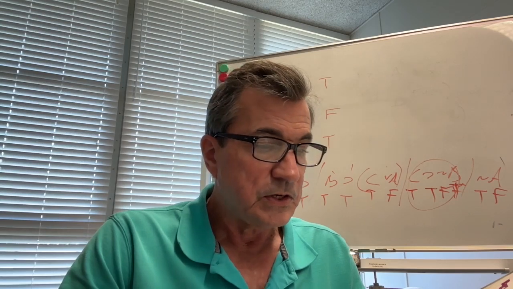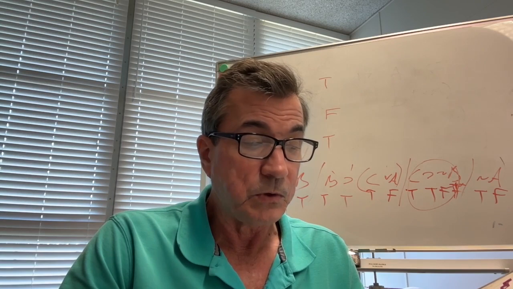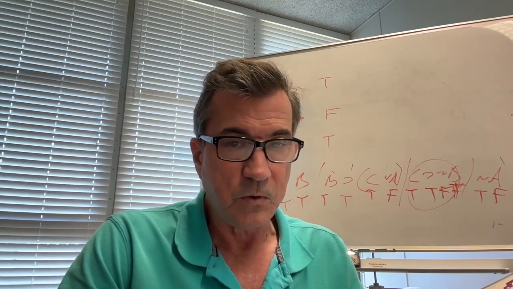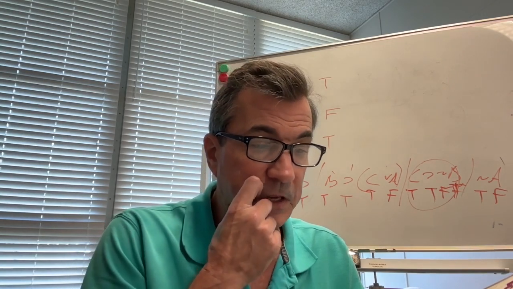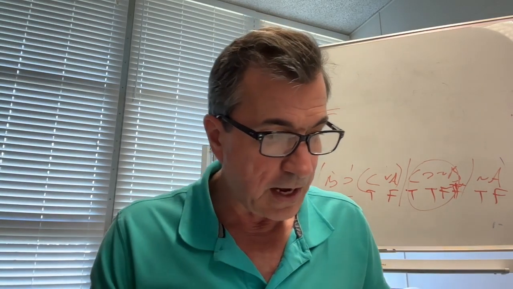So 6 would be K and B. The conjunction has to be true. Both have to be true for a conjunction to be true. So you kind of like conjunctions because you know which ones have to be true. So K and B both have to be true. So that's the basic exercise for that.